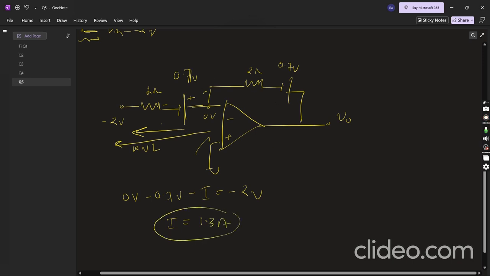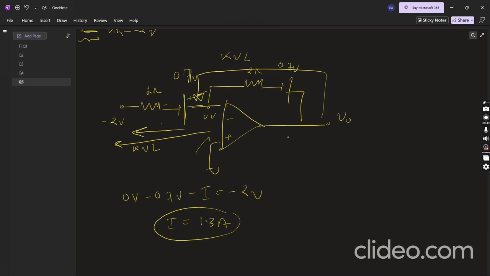Now we apply KVL at this point. So V naught minus 0.7 volt minus 2 into 1.3 ampere equals 0.